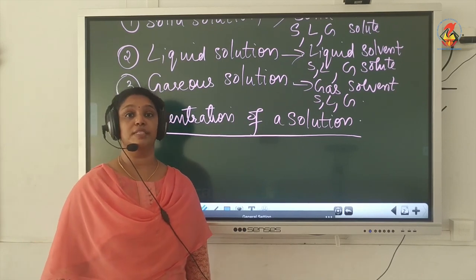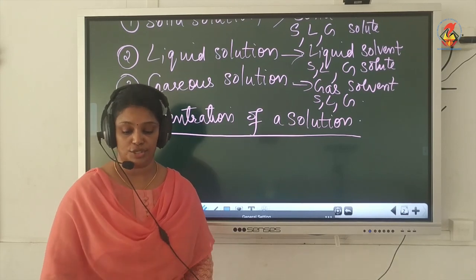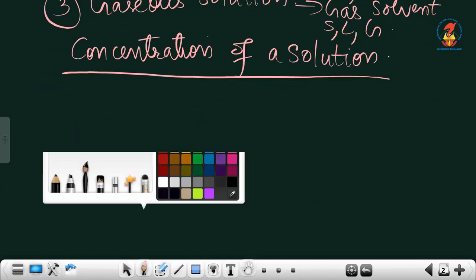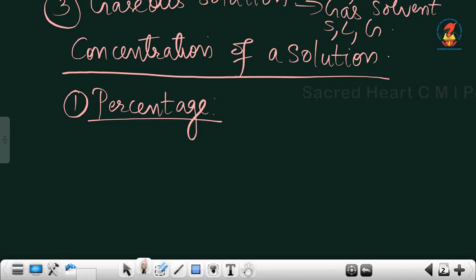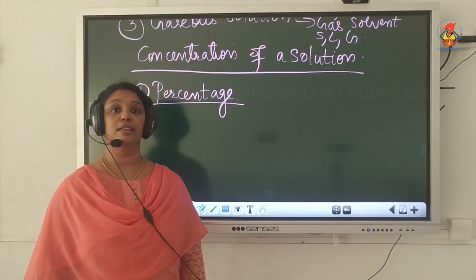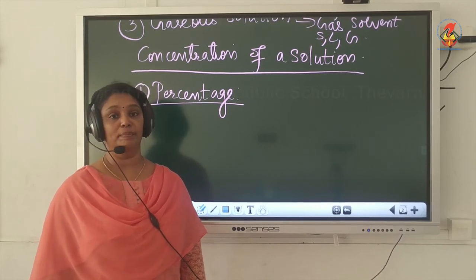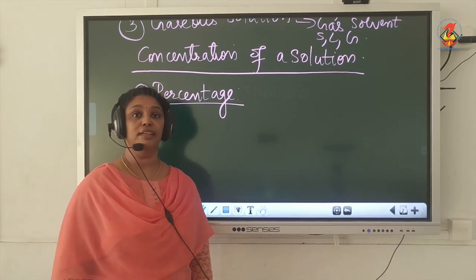There are different ways of expressing the concentration of a solution. The first one is percentage. The percentage of a solution can be expressed in terms of mass percentage, volume percentage, and mass by volume percentage. So we are going to discuss each type of percentage in solution.